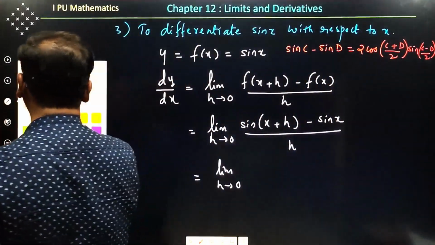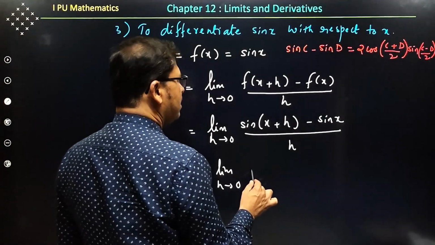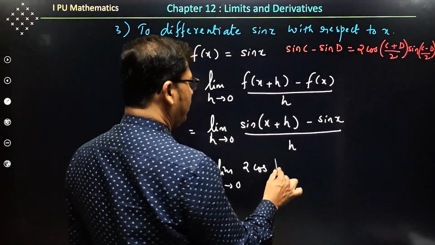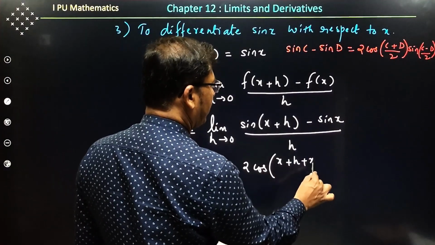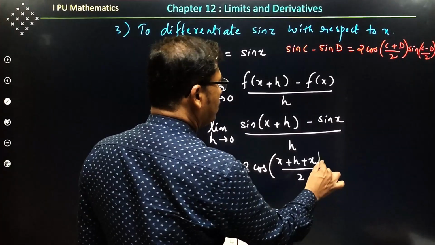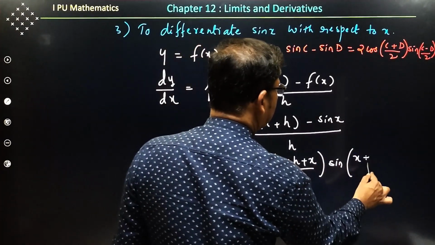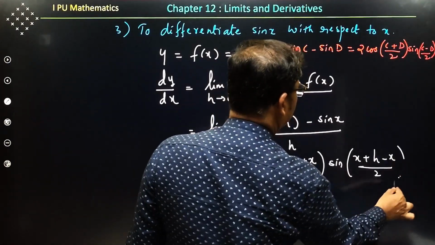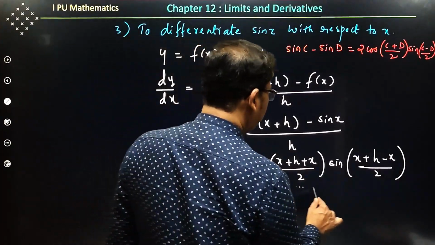Let us apply that formula at this stage. This is 2 into cos of (C plus D) divided by 2, that is (x plus h plus x) divided by 2, into sin of (C minus D) divided by 2, that is (x plus h minus x) divided by 2, whole divided by h.